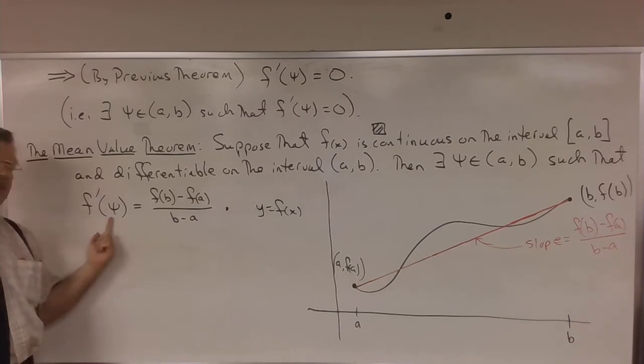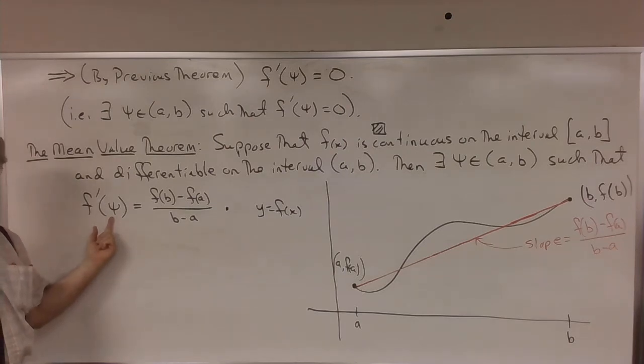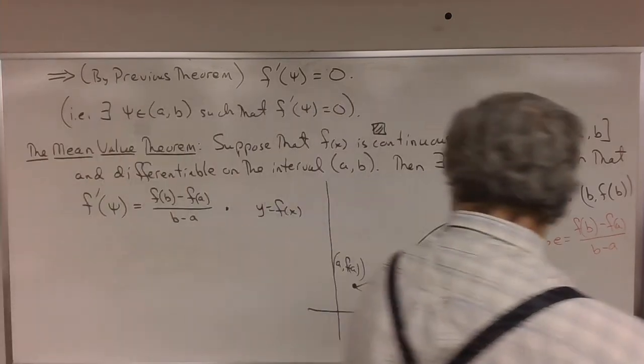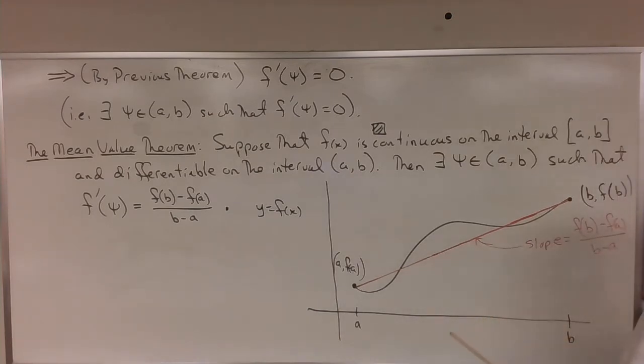But think about it. What is f prime evaluated at psi? Isn't the derivative the slope at x equals psi? So the theorem is saying that somewhere between a and b, we're going to have a tangent that has exactly the same slope as this line.